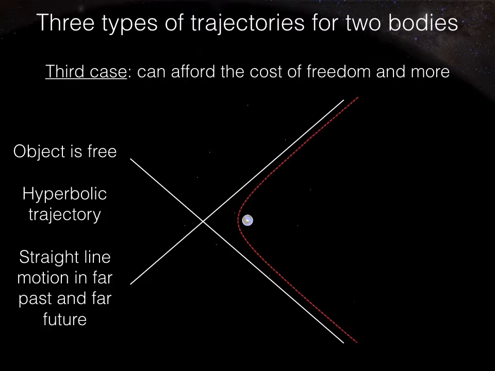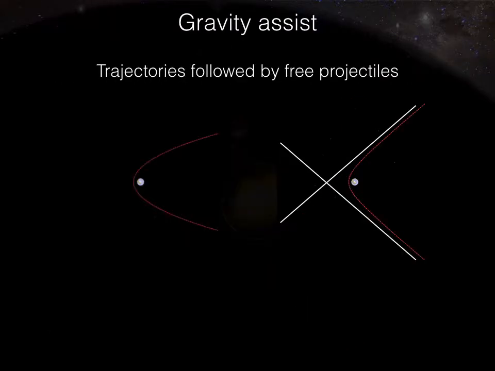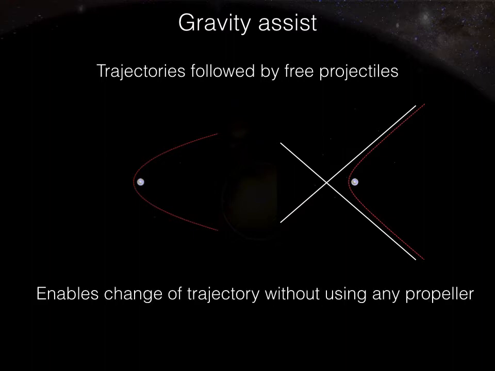So these two events, which occur when the projectiles are free, are what are used for gravity assist maneuvers. The idea is to pick simply the right angle, the correct angle, etc., to get the right change of direction simply by going nearby a celestial object.